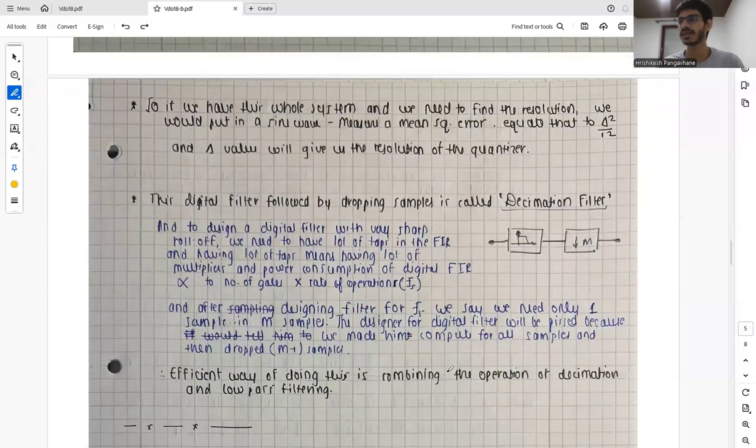So the efficient way of doing this is combining the operation of decimation and low pass filtering, and together we can go forward with the decimation filter. So this is the idea behind it.